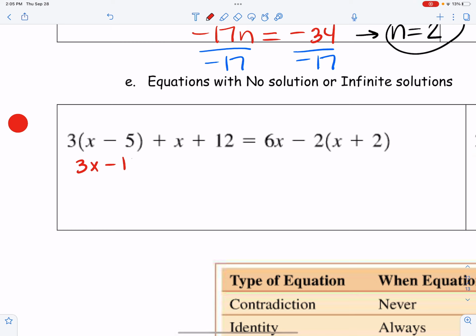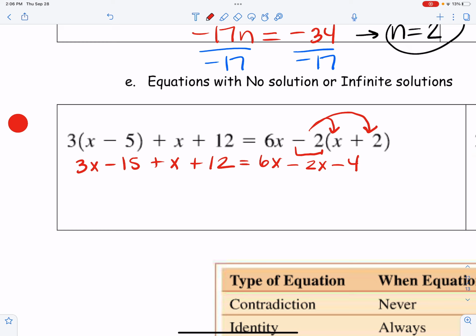3x minus 15. Then I got a plus x and a plus 12. 6x, now make sure when you distribute, the sign in front goes with the number. So minus 2x, and then negative 2 times positive 2 is negative 4.